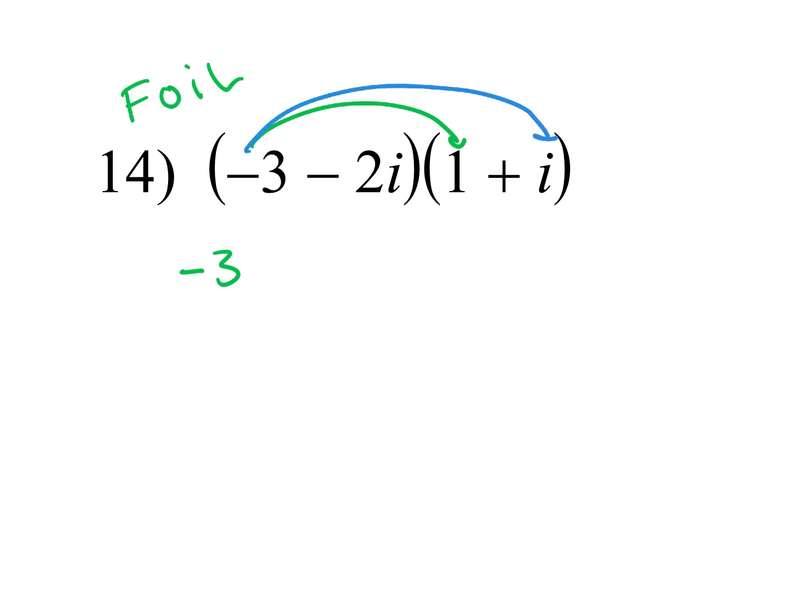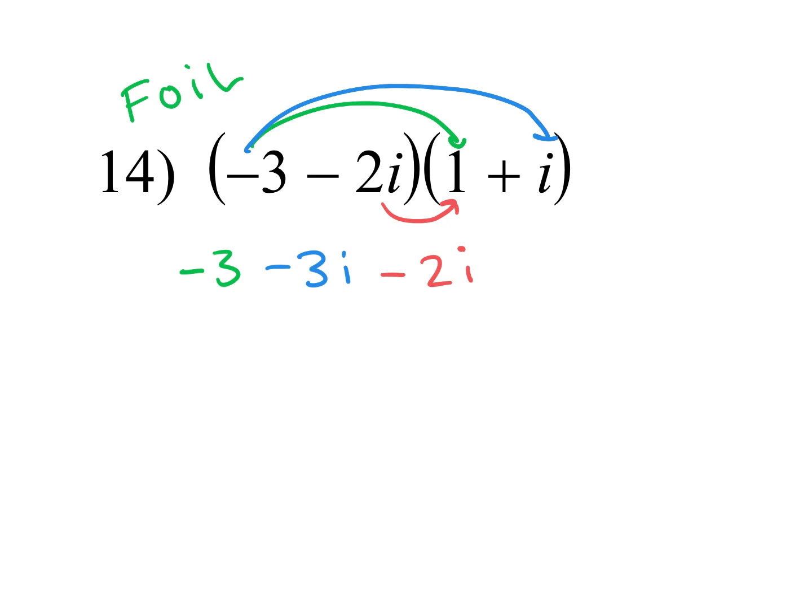What's negative 3 times i? Negative 3i. What are the insides? Negative 2i times 1. So that would be negative 2i.